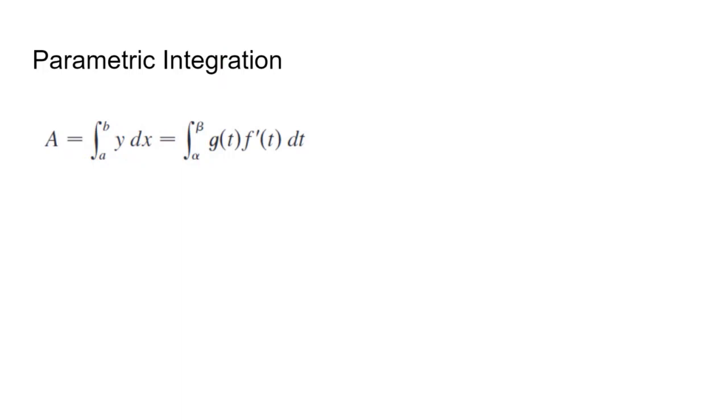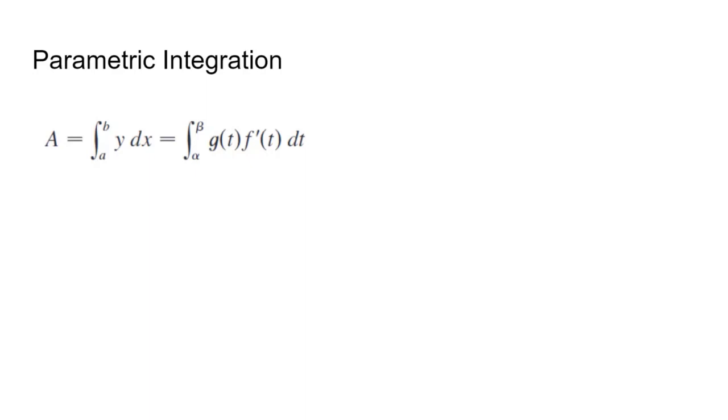What gives? Why did the bounds change? Can anyone answer that question for me? And can someone describe how to get the bounds?